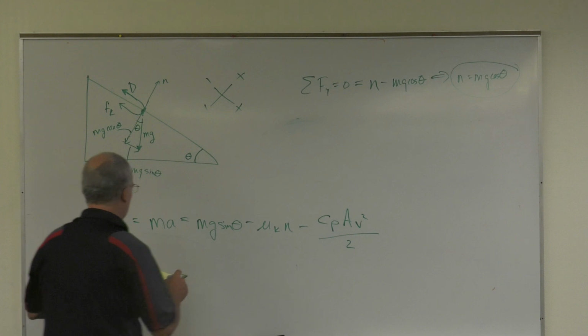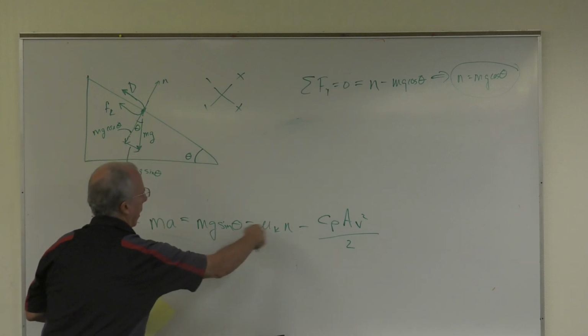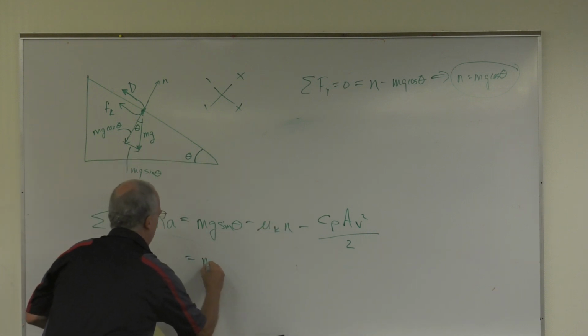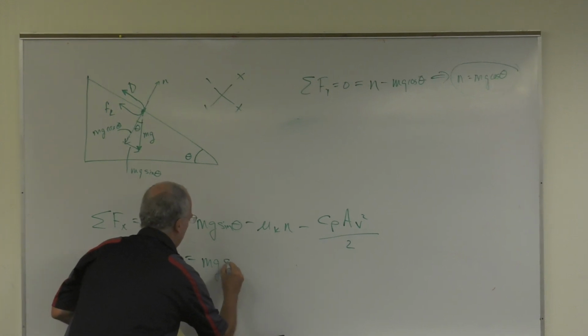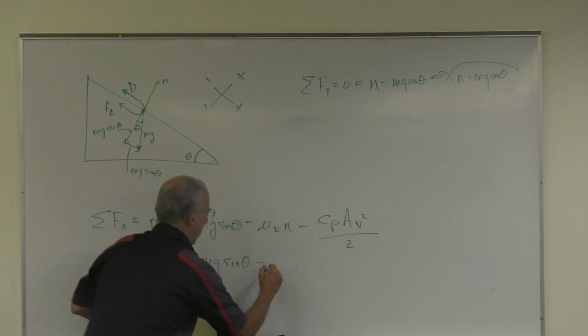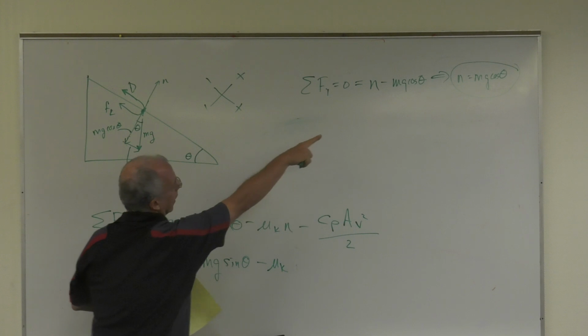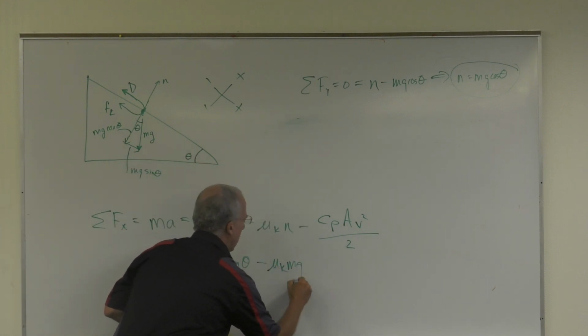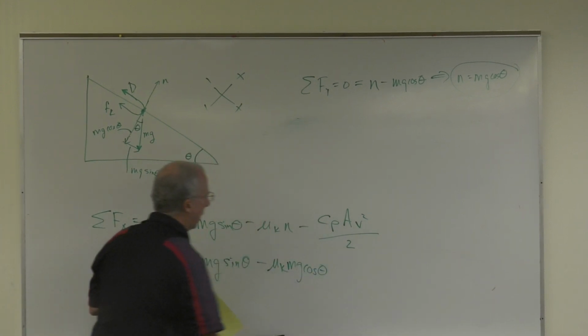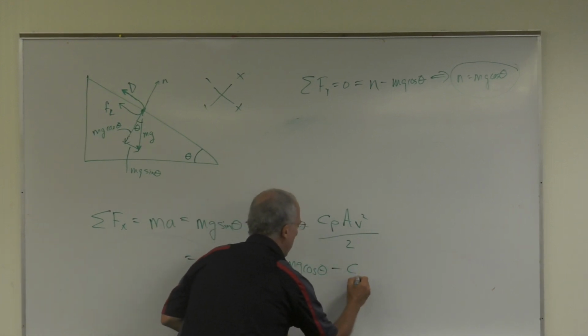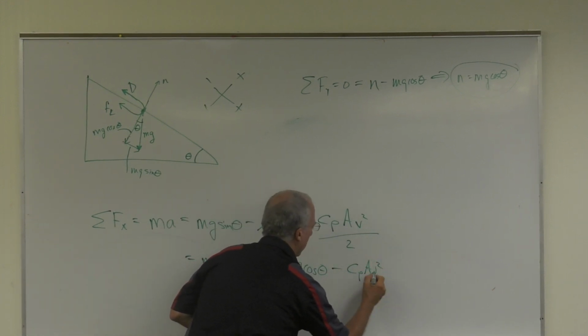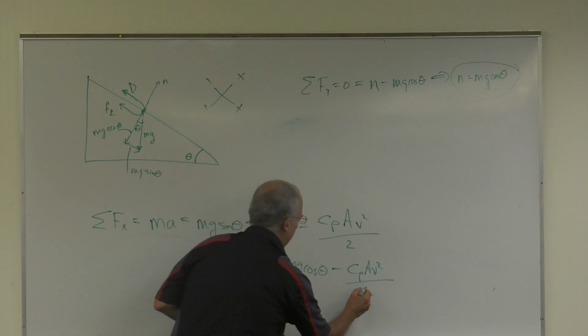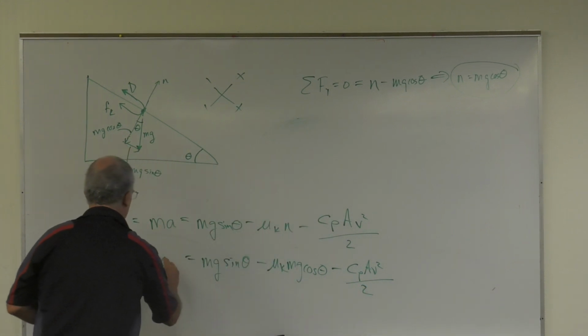Let's just plug in our n. So we have mg sine theta minus mu k mg cos theta minus c rho A v squared over 2. And that's ma, right? That's ma.